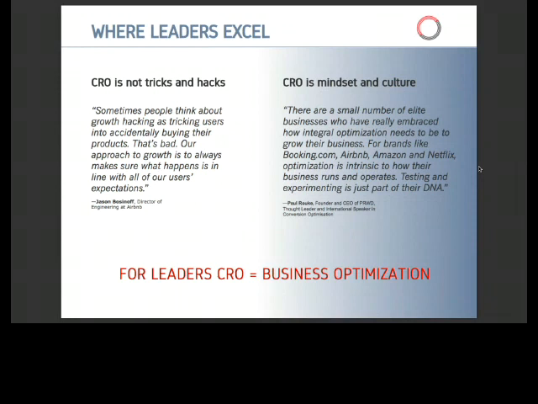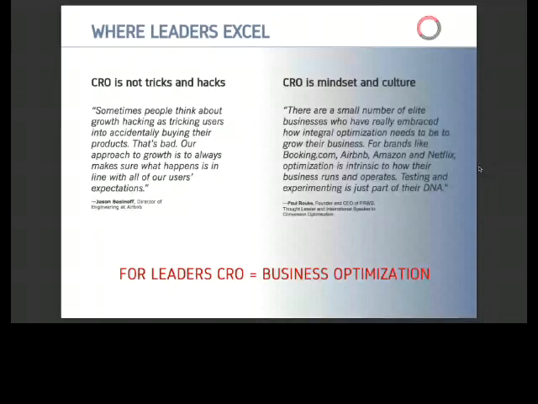So we also evaluated what Skyscanner is doing with their growth approach. So basically, we tried to see what they do differently than the rest, and what brands become the same or on the same level as the leaders.